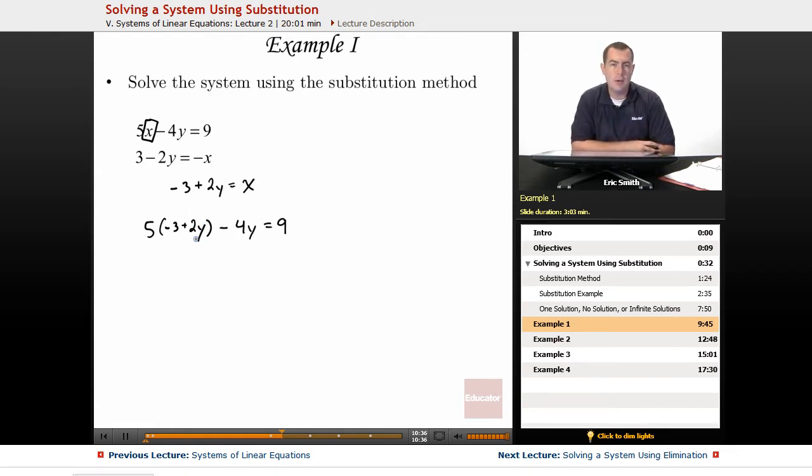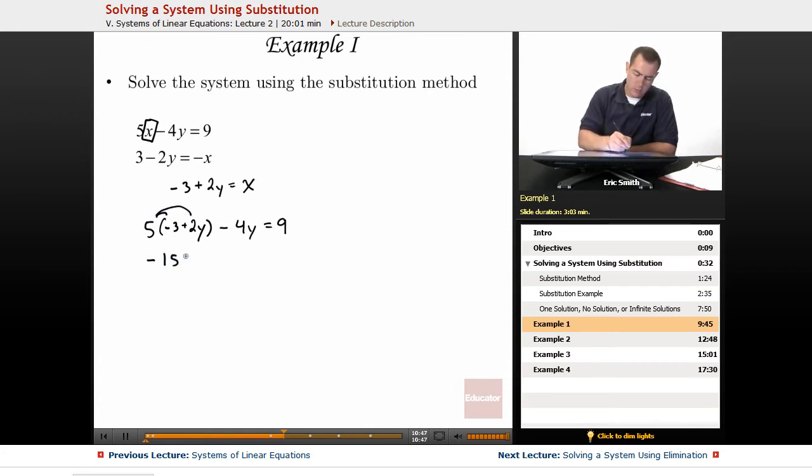We can see in this new equation, it only has y's, so I need to work on getting them together and isolating them. So -15, that'd be from distributing through, plus 10y minus 4y equals 9.